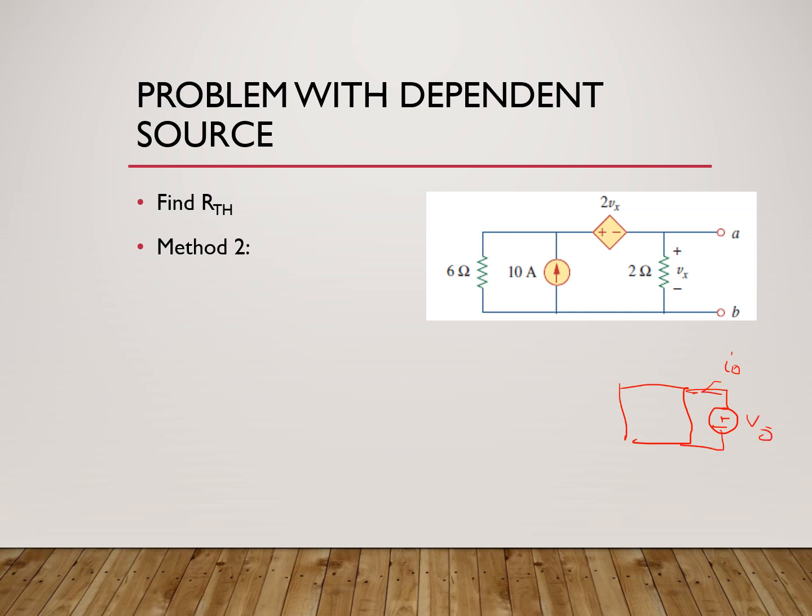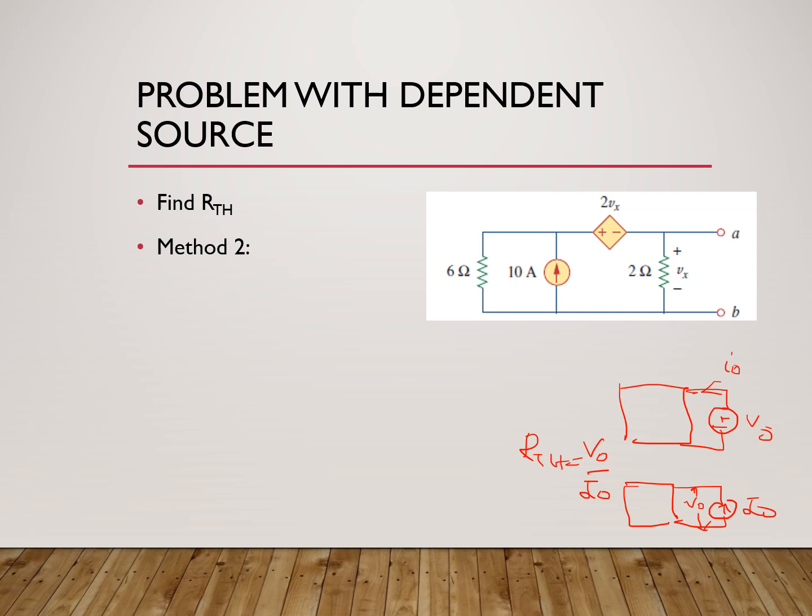VO by IO will give you the resistance, or you can also apply a known current source. That is also possible. So IO, and obviously the voltage across this, which is VO. Again, RTH is nothing but equal to VO divided by IO. So this method is what we are going to be using here.